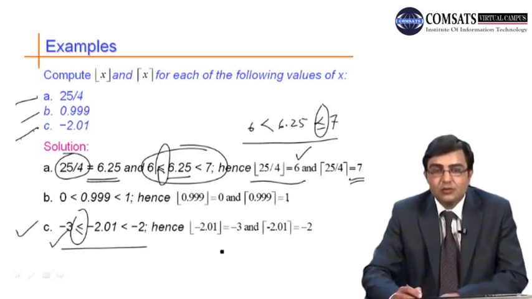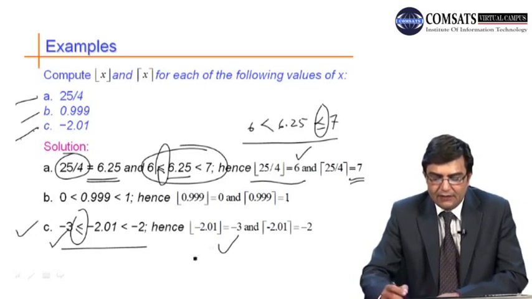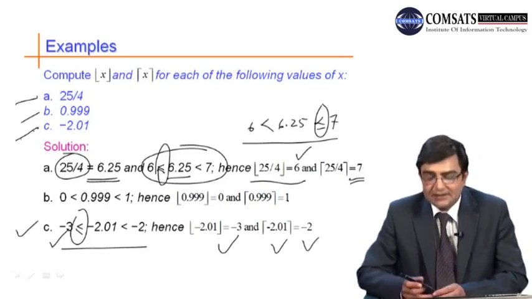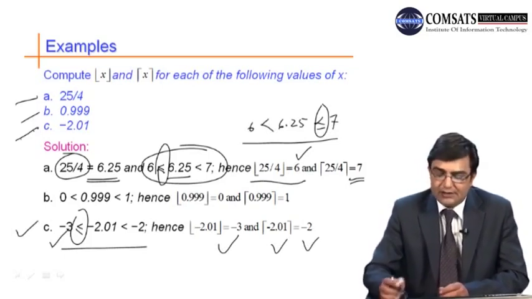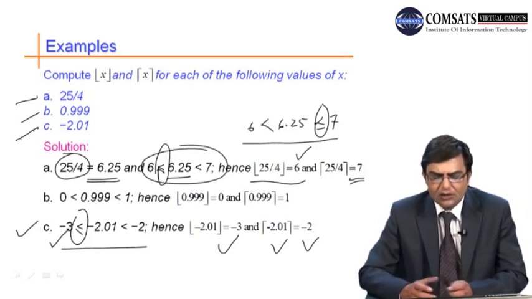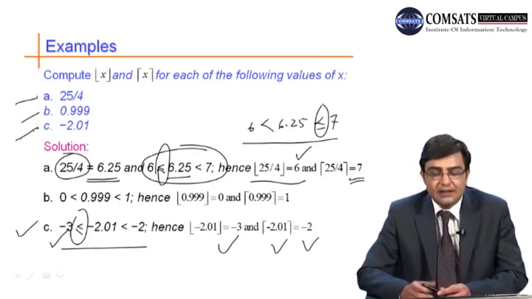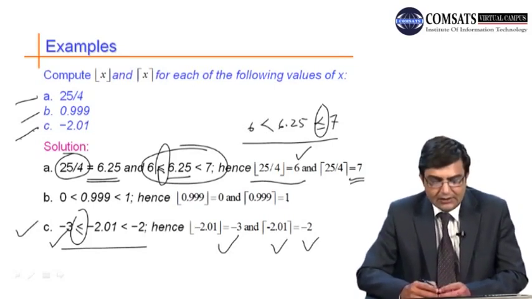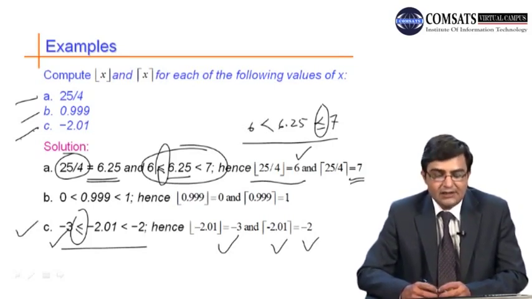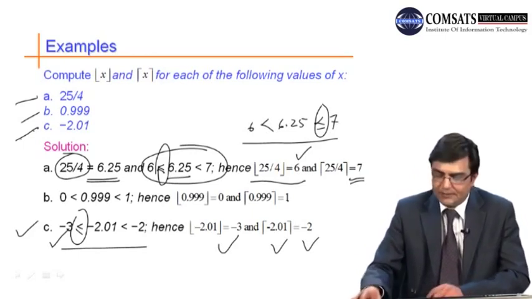So the floor of minus 2.01 is minus 3, and the ceiling of minus 2.01 is minus 2, because it is the immediate greater integer of minus 2.01. So this is a little revision of floor and ceiling functions, how for any real number we find the floor of that number and the ceiling of that number.